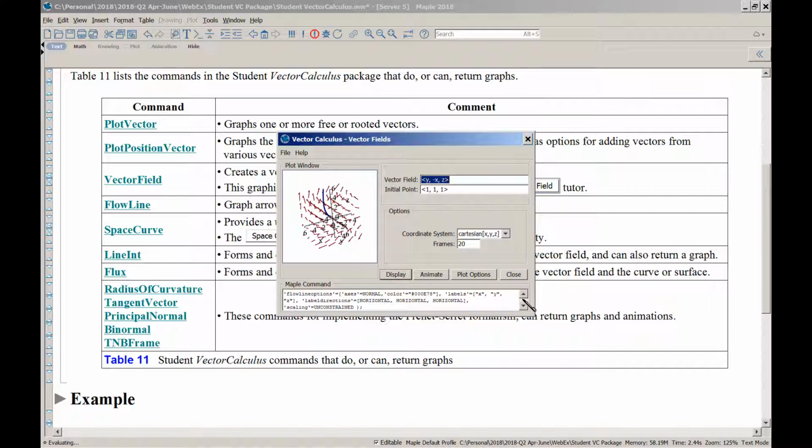And you can see down here, change to coordinates, set coordinates. That's because the background behind here is the VectorCalculus package. The flowline command, which I'm about to talk about here, is being applied to the vector field, and that's how the vector field and flow line are being drawn.